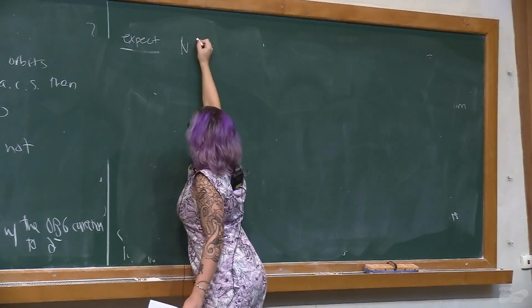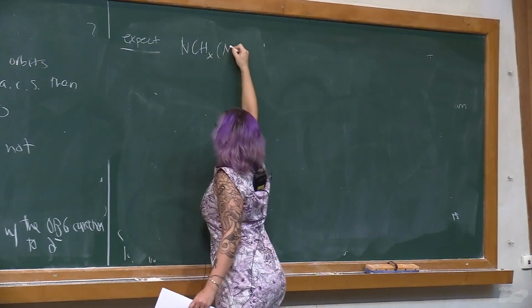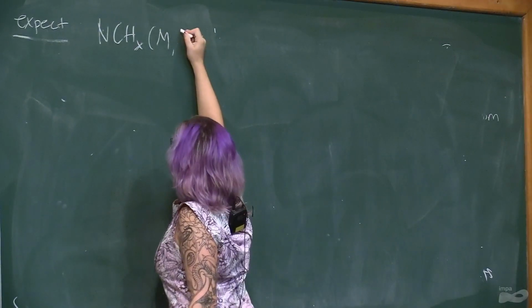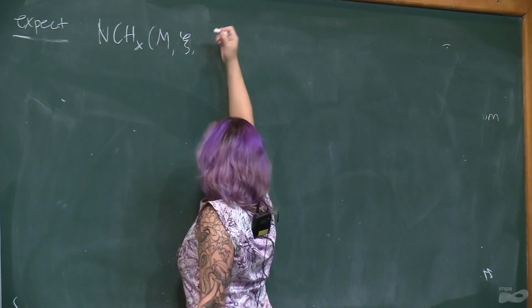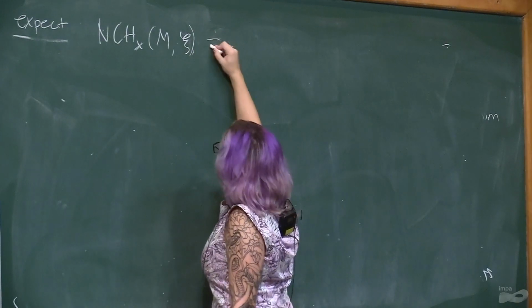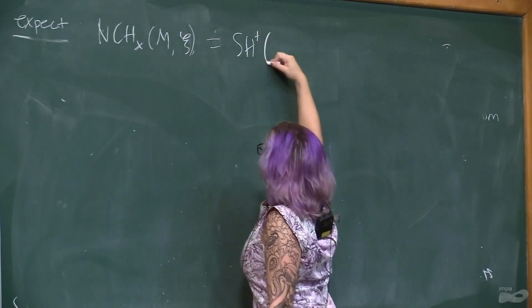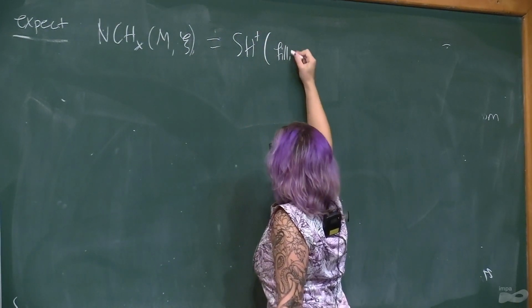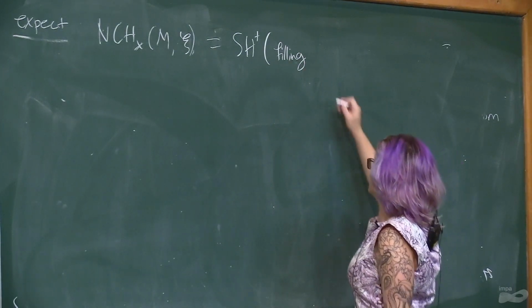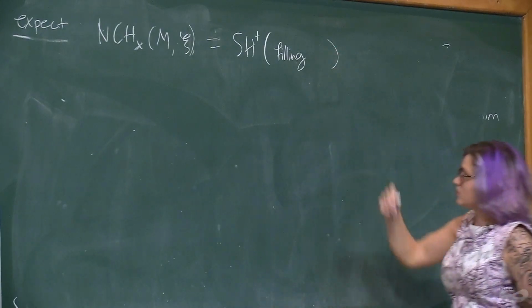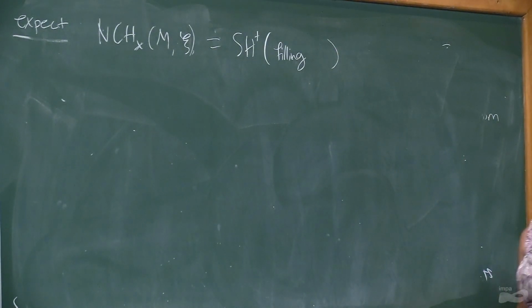So NCH of (M, lambda) should be SH plus of the filling, and then you have some symplectic information attached to the filling.